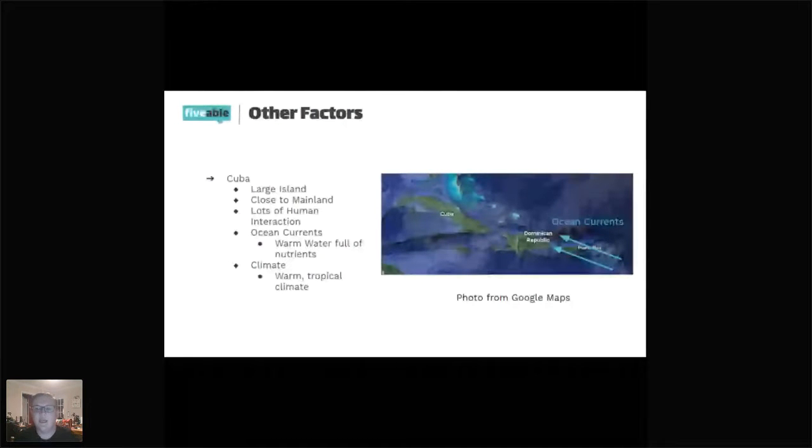So tell me a few things that you guys know about the island of Cuba. Just off the top of your head, a few things that you know that you think would impact their biodiversity. Maybe government might not play as big of a role.